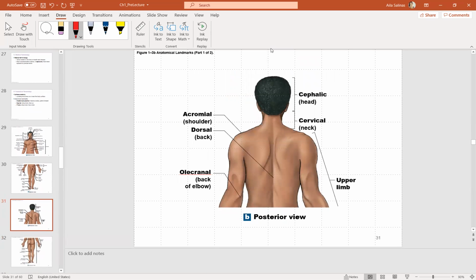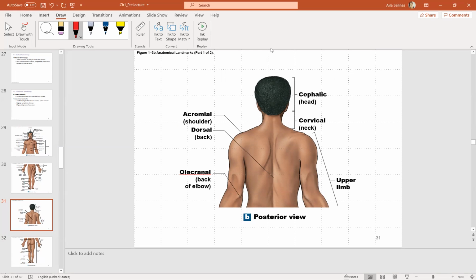In the posterior view, because we are looking at the back of the body, we have the cephalic region or the head, the cervical region or neck, and the upper limb. The acromial is the shoulder. Dorsal is the back. Olecranial is the back of the elbow.